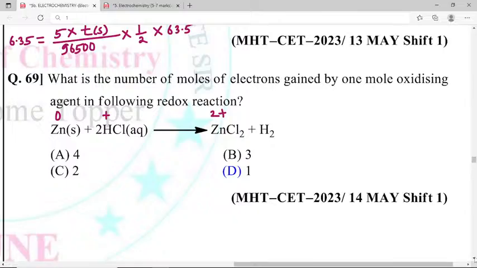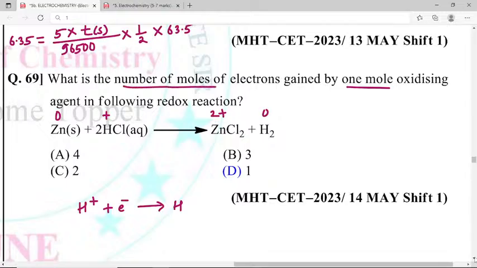This is plus 1 and this is 0. So they have asked about hydrogen. 1 mole of oxidizing agent: H plus, plus 1 electron, gives H.